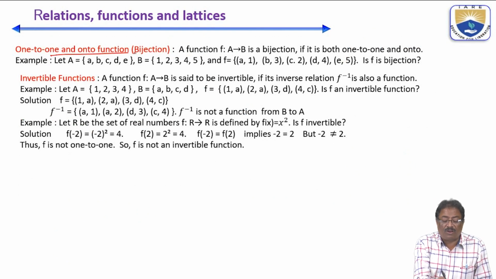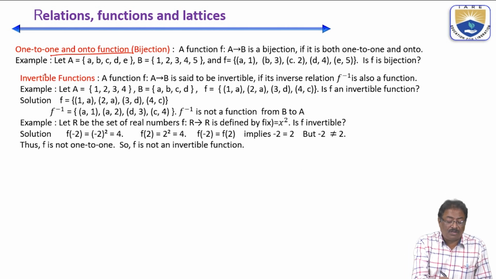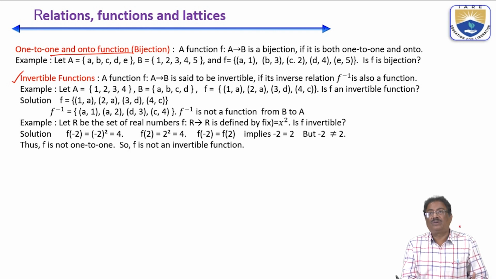Now, a one-one and onto function is known as a bijection function. And the invertible function: a function is said to be invertible if f inverse is also a function. Or else we can say a function is invertible if it is one-one and onto.